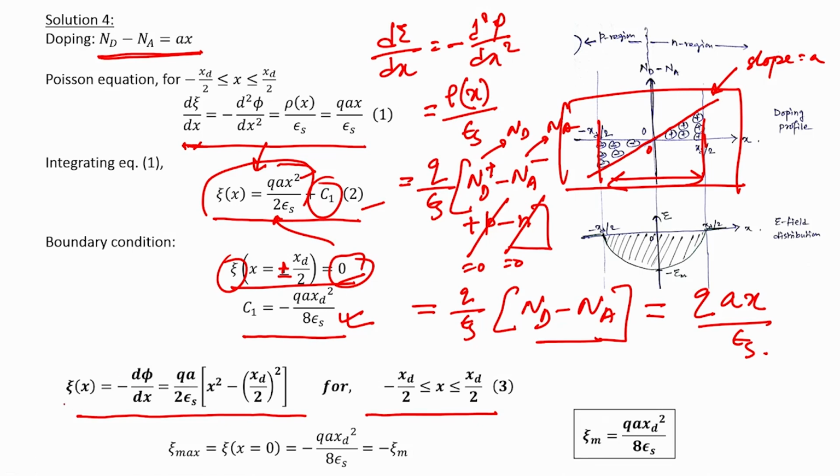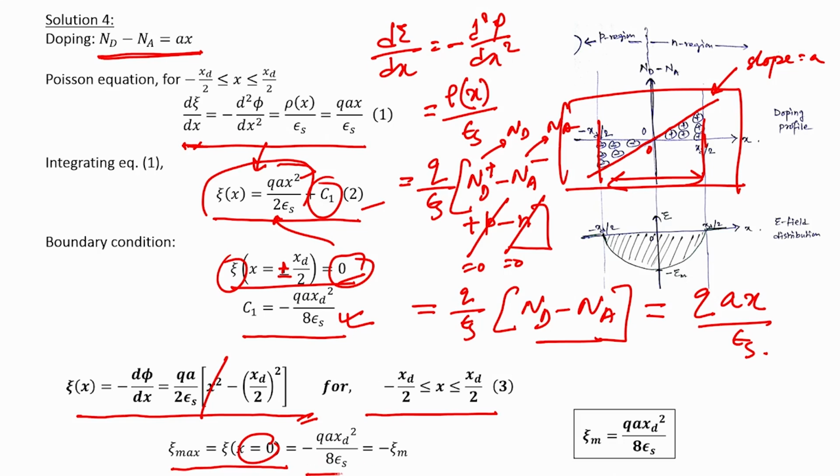From this electric field expression we can find the maximum electric field. That maximum electric field will be exactly at the junction, when x equal to 0. Just plug in x equal to 0 here, so this term will be cancelled, and the expression will be minus qA xd square by 8 epsilon s.